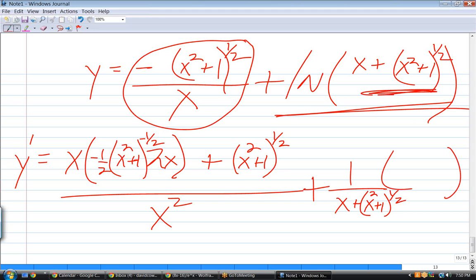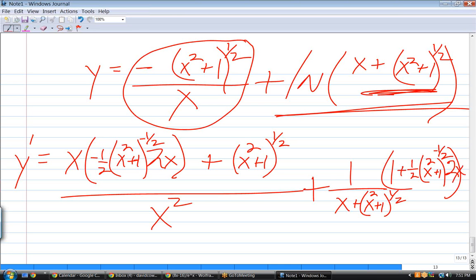What's the derivative of that? 1 plus 2x. Oh wait, no. You will be multiplying it by 2x, but let's do the outside first: 1/2 times x squared plus 1 to the negative 1/2, and then times 2x. This looks very familiar to the other one. Times 2x, exactly. So now that's our answer, and it's just a question of can we simplify it.